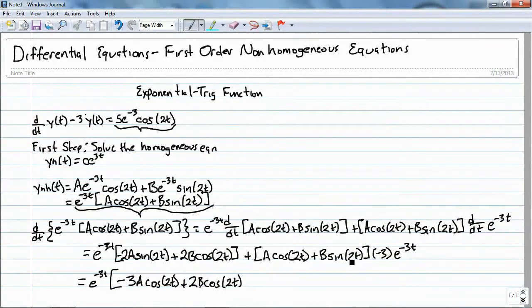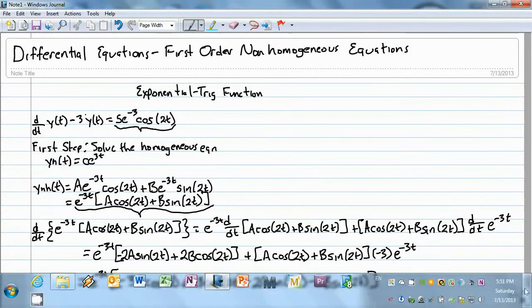and then we have negative 2a sine of 2t minus 3b sine of 2t. And I can simplify this out even further, which I'll do on the next page here.